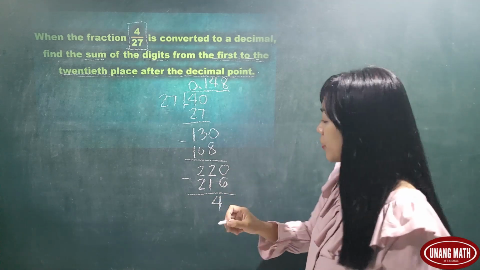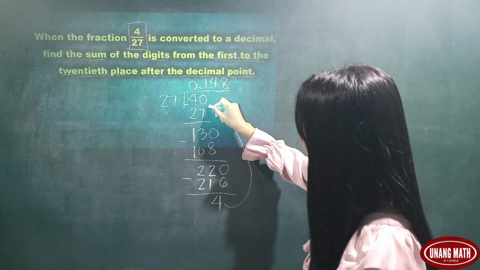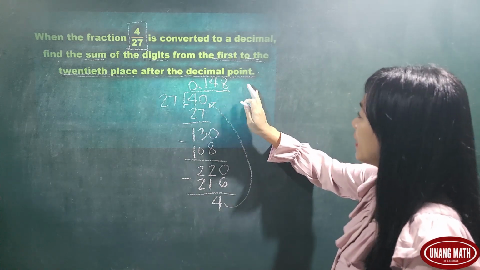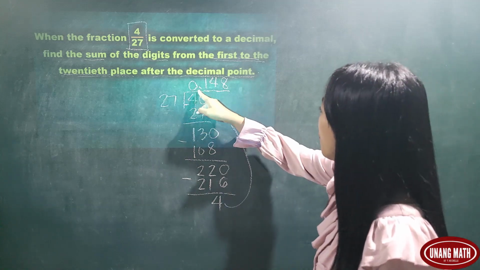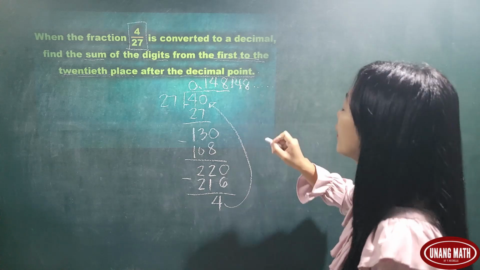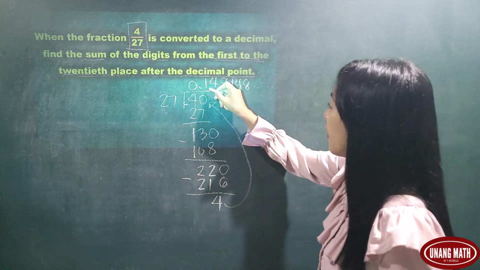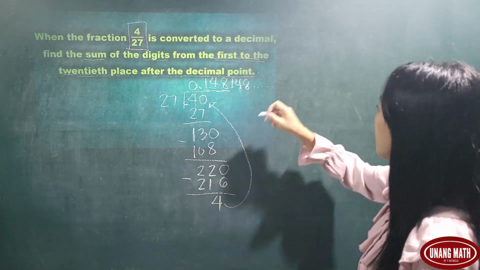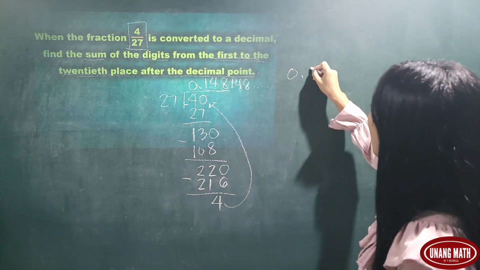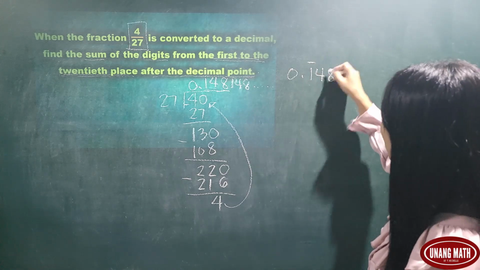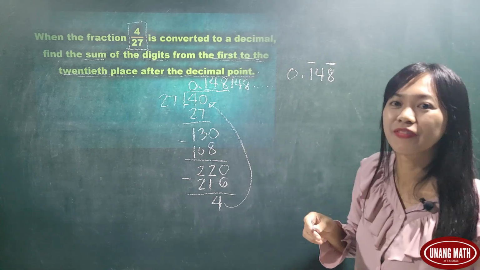If you take a look at this one, this one repeats. So our repeating decimal number is 0.148148 and so on. So the repeating block is the digits 1, 4, 8. And if we're going to represent that, it's going to be 0.148 with a line on top of 1 and on top of 8.